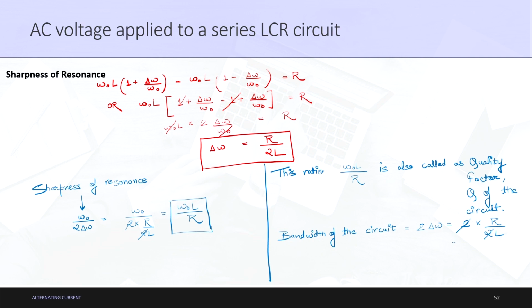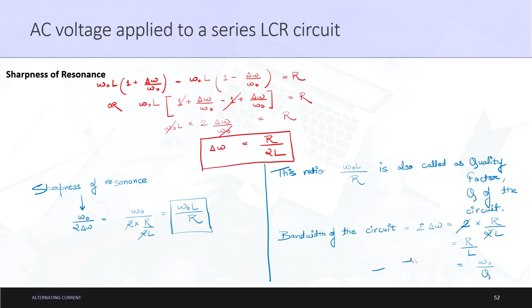This 2 gets cancelled, and we get the answer R by L. In other terms, I can also write this equation as omega naught by Q, because omega naught by Q is nothing but omega naught L by R, omega gets cancelled, it is R by L.